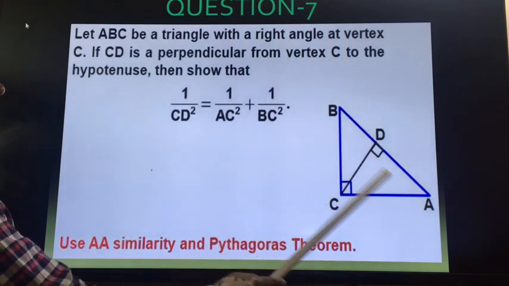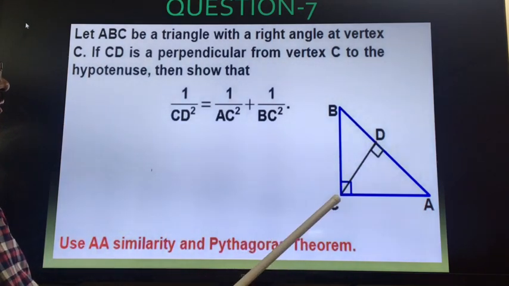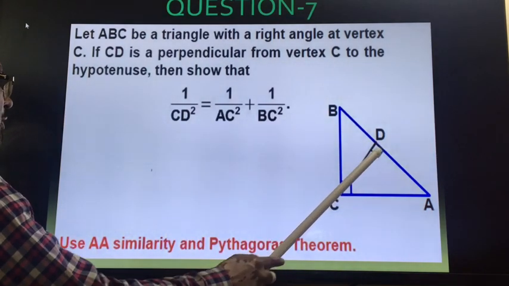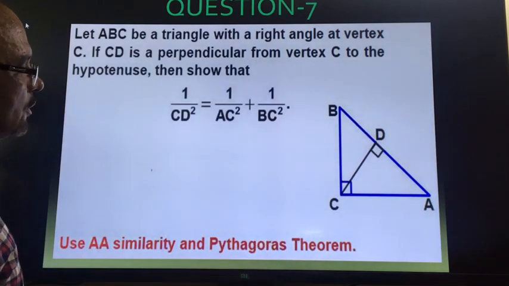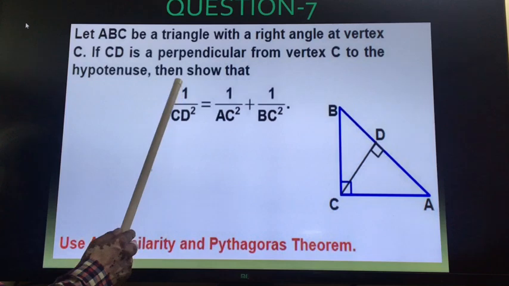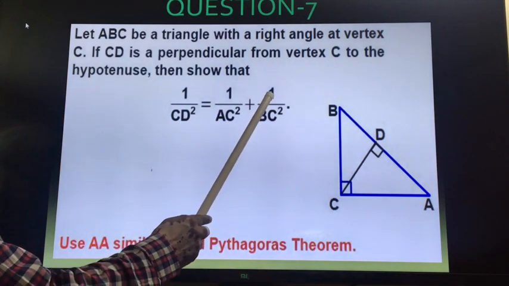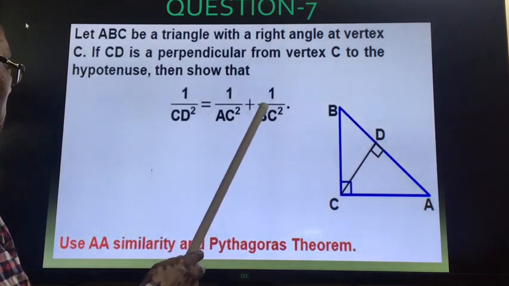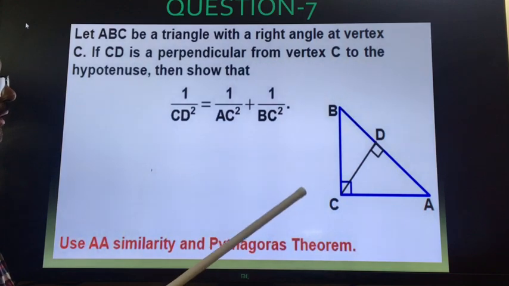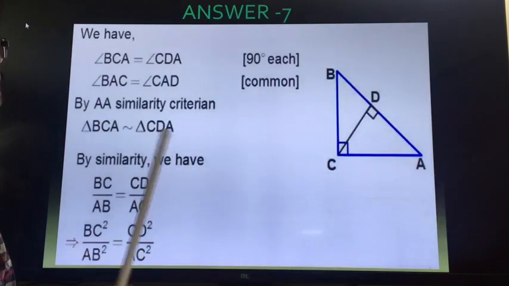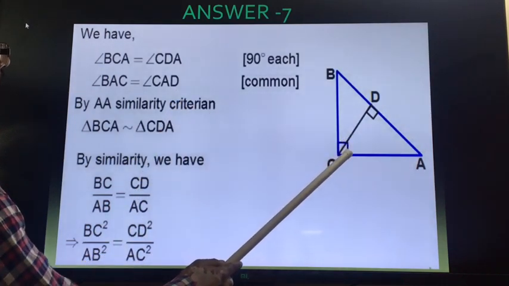Once again, ABC is a right triangle at C, it is given, and from vertex C they have drawn a perpendicular on the hypotenuse BA. So CD is also perpendicular to BA, and we have to prove this result. 1 upon CD square is equal to 1 upon AC square plus 1 upon BC square, right? So here we will use the similarity theorem, and for this we will take these triangles.